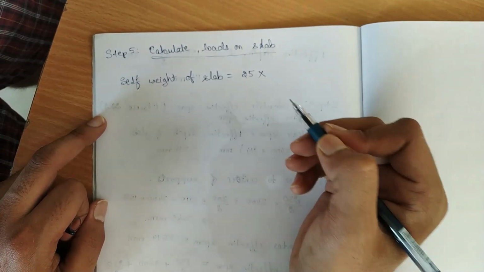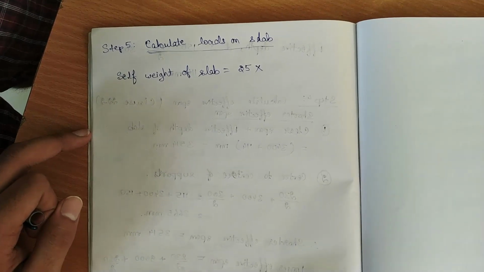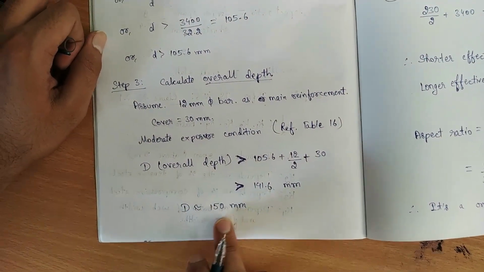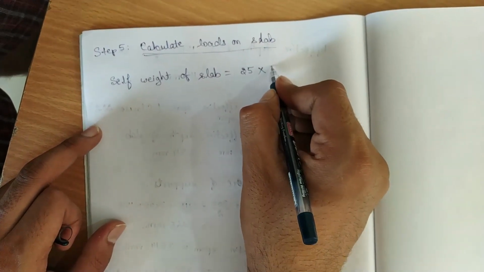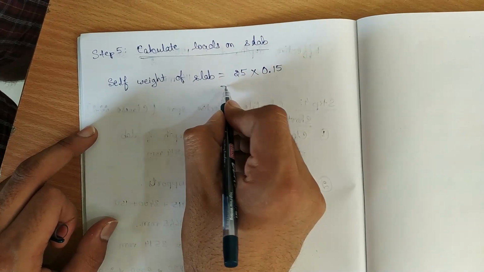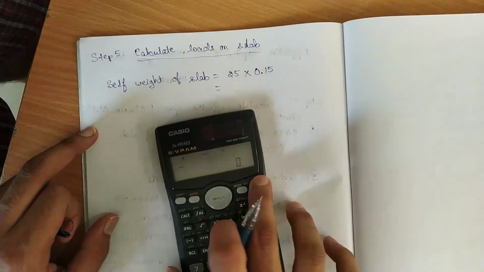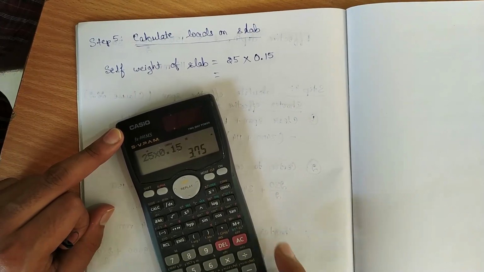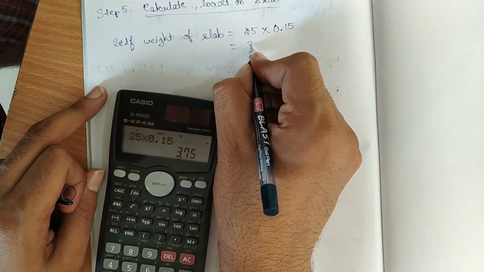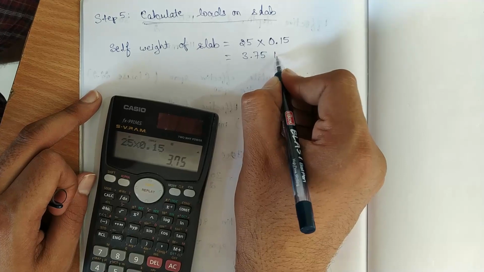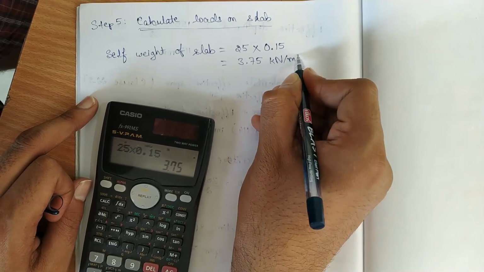It's the overall depth. So we need to check the overall depth now. So it's 150 mm. So I will change the unit in meters and then I will write it as 0.15 meter. So let's calculate it. It's 25 into 0.15, 3.75 kilonewton per meter square.